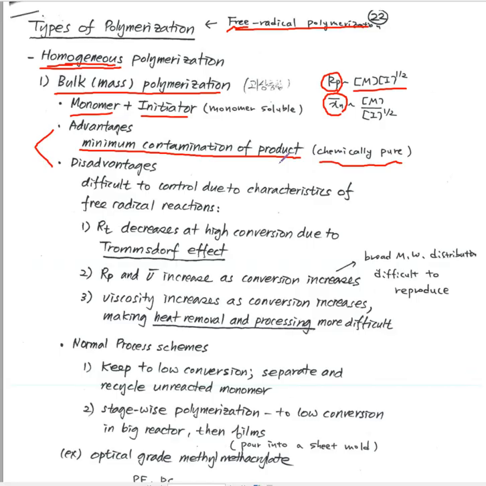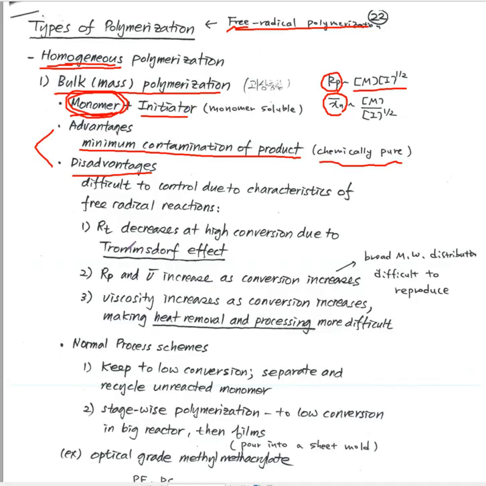But the disadvantages of this bulk polymerization include that it's difficult to control because of the free radical reactions that we have learned before. Okay, we learned about auto acceleration, right? Auto acceleration at high conversion, and since we are using only monomers and initiator, right? So it's really high concentration.